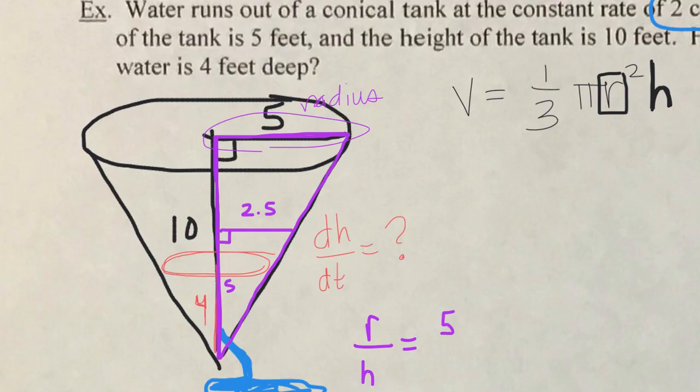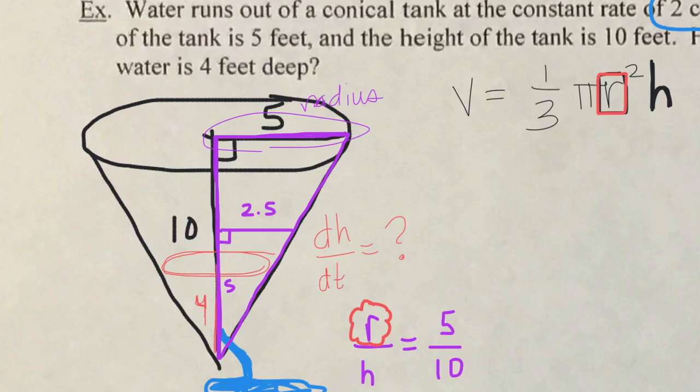It says the maximum radius is 5 when the maximum height is 10. Okay? The radius over the height, that ratio, the comparison. And we can compare them because this is a right triangle. And every time we make another height, it's now a similar right triangle. And similar triangles always have a proportion associated with them. So coming back over here, I want to replace r in my formula, which means I need to solve for r in my proportion.